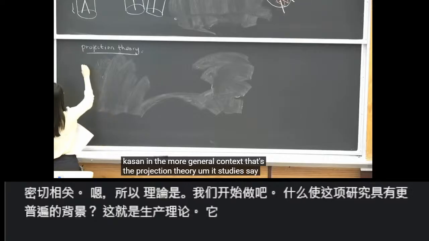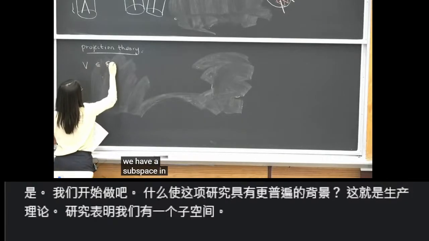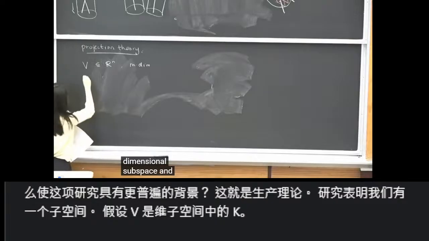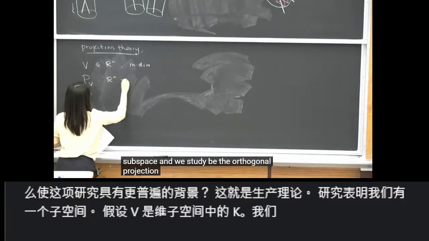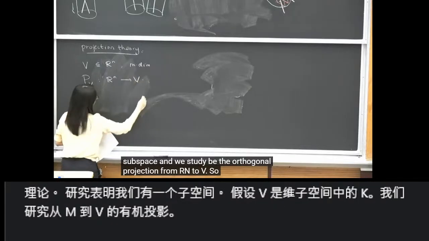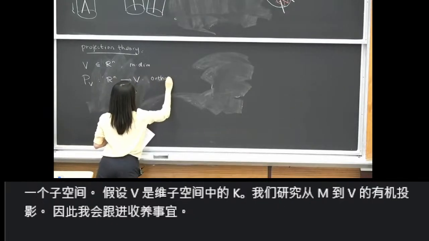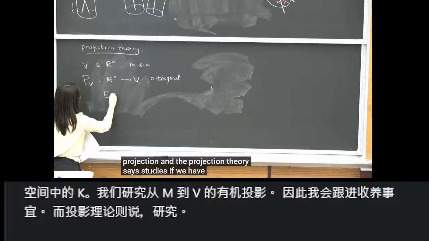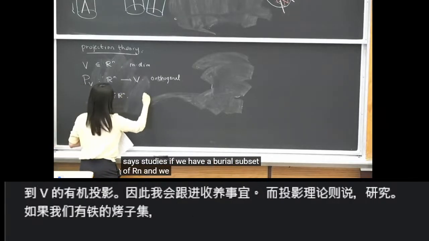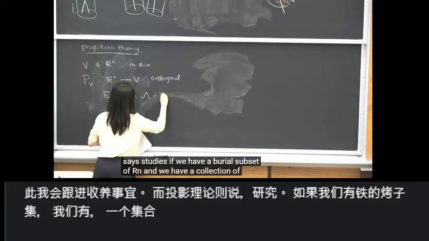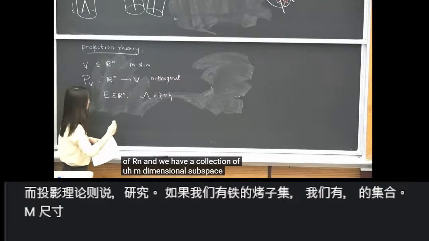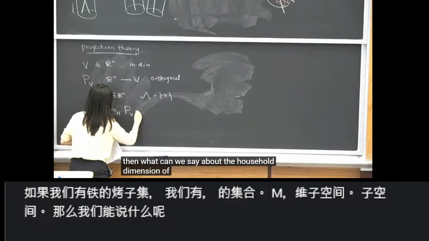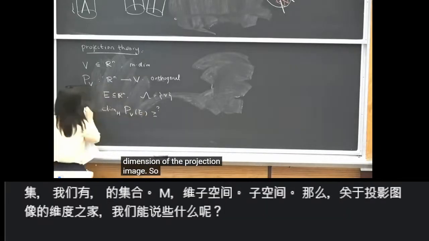Say V is a k-dimensional subspace of Rn, and we study the orthogonal projection from Rn to V. The projection theory studies, if we have a Borel subset of Rn and a collection of subspaces, what can we say about the Hausdorff dimension of the projection image?